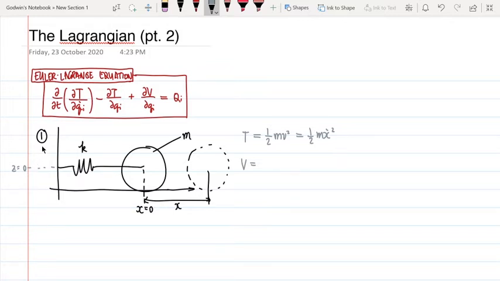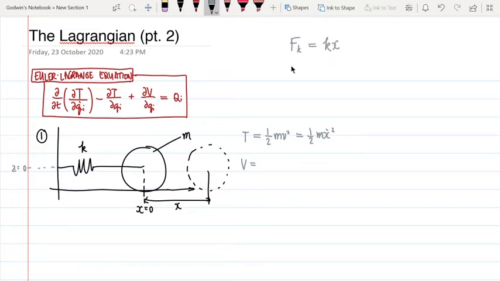But another source of potential energy here is the force that makes the spring want to come back to equilibrium. That's called the restoring force. What's the energy? So our restoring force, F_k, that's supposed to be kx.